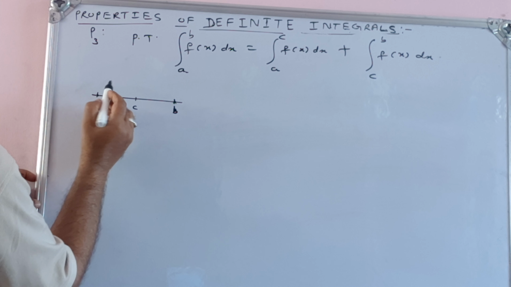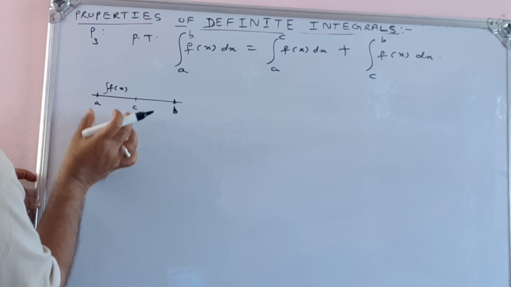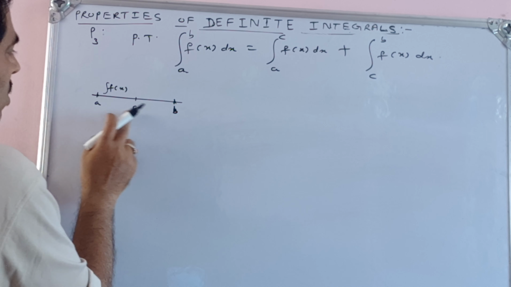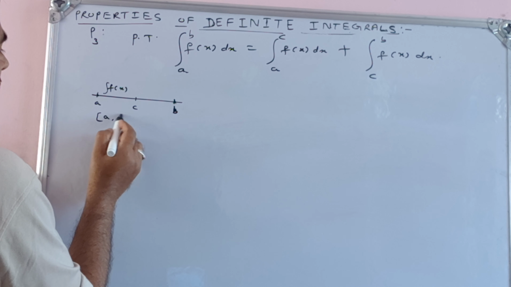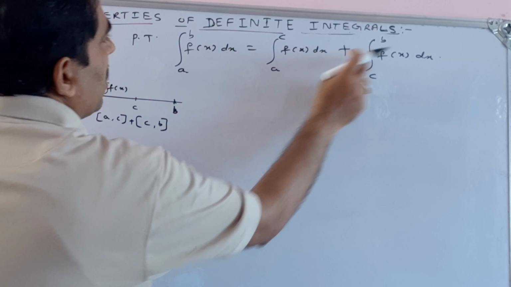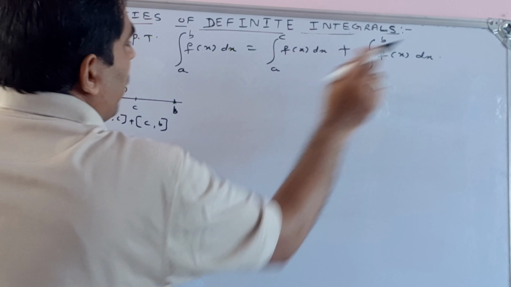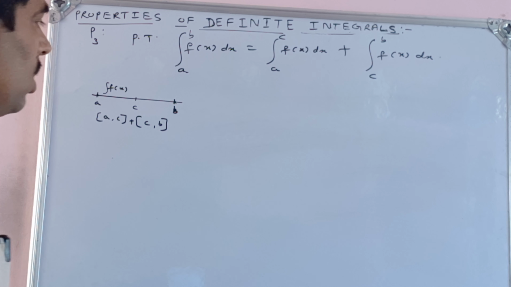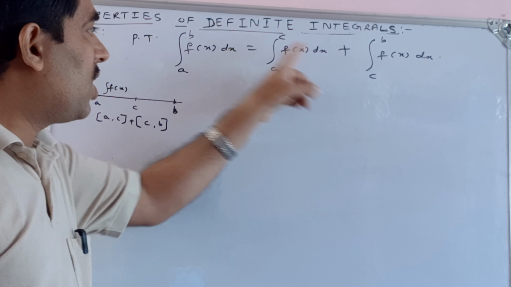Then you calculate the integral of this function from a to c, plus the integral of f of x from c to b. So this integral can be written as a sum of two integrals, a to c, then c to b.